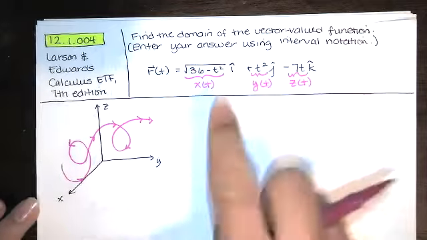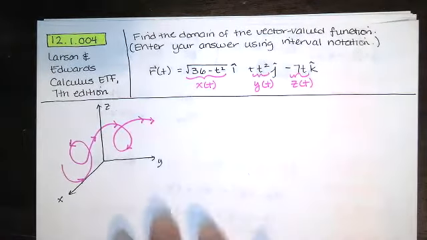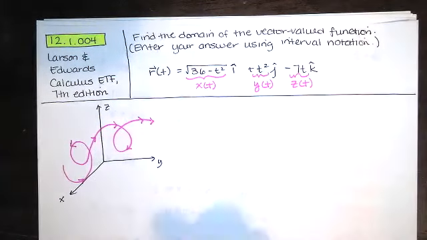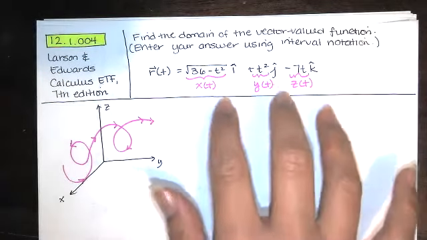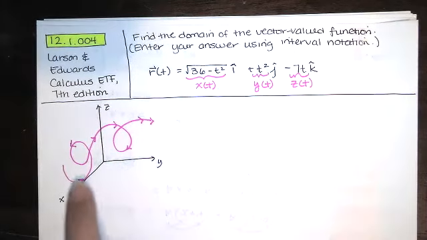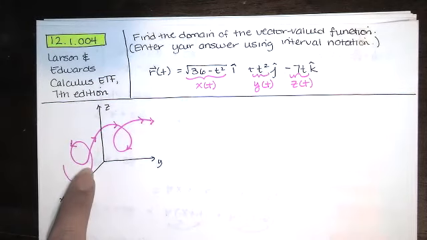Most of the time when we graph a vector-valued function like this, we just graph the end point. We just graph x of t, y of t, z of t, and think about what would happen as t increases, almost as if this is a position function. So at a certain time, we might have a particle that's at this location, and then later at this location, and then later at this location.